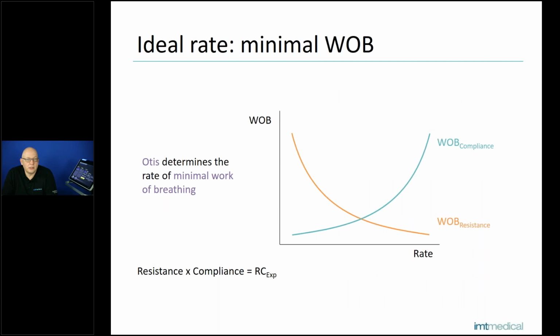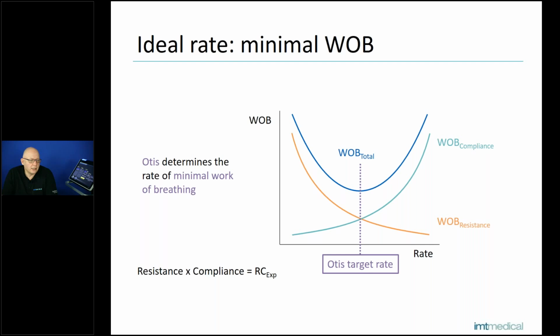You see here the Otis equation. We have the work of breathing, and this is divided into two players. The one player is the compliance of the patient, and the second is the resistance of the patient. You see the curve of work of breathing, and there is one point where the lines cross, and this is the optimal point with the least work of breathing. This is what Otis was looking for more than 60 years ago.